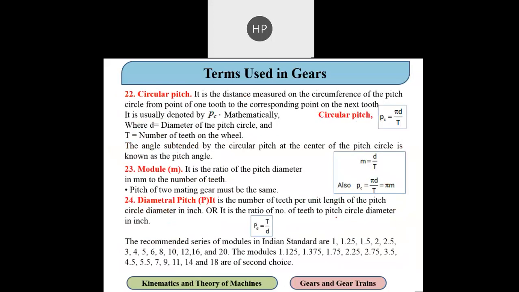Then, this important definition is also important from the exam point of view. These definitions are also important for the exam.